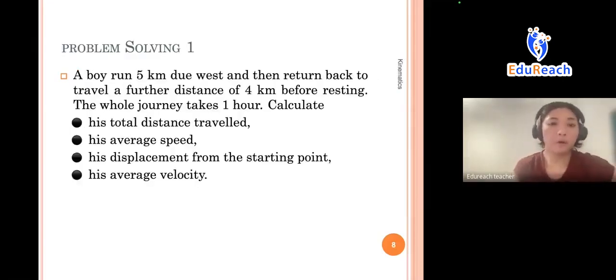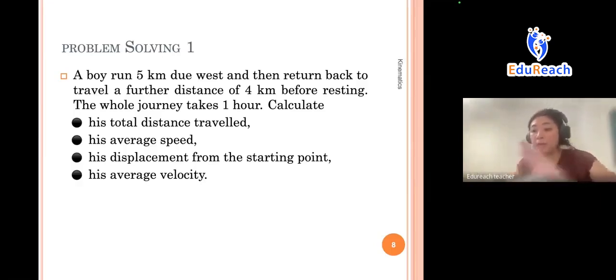Okay, so a boy runs 5 kilometers due west. Whenever they say due west, it is telling us which direction they're going. You do know your cardinal directions, right? North, south, east, and west. Yes. Okay, so north is to the top, and then south is to the bottom. To your right is your east, and to the left is your west.